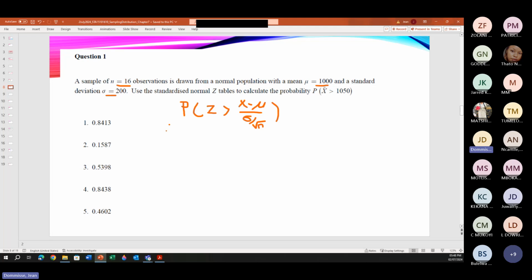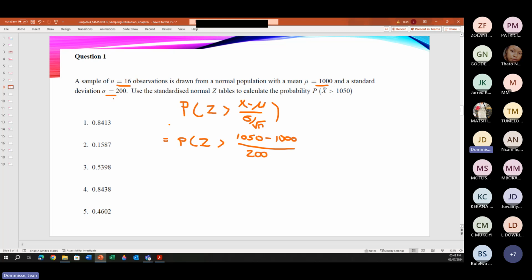Okay, so the probability that Z is bigger than 1050 minus 1000, and hopefully the other one works out nicely with division.